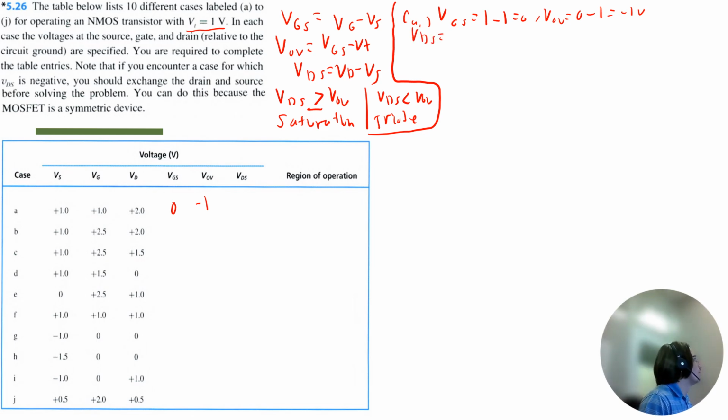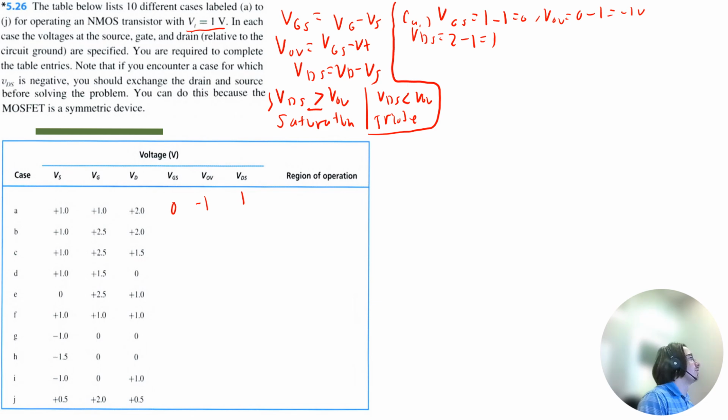VDS is equal to 2 minus 1, which is 1. And actually this is an interesting case. V overdrive is negative, which means we're in the cutoff region.